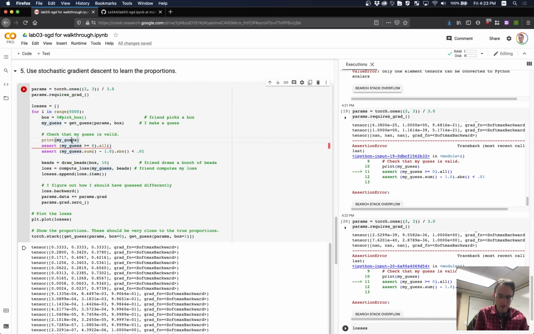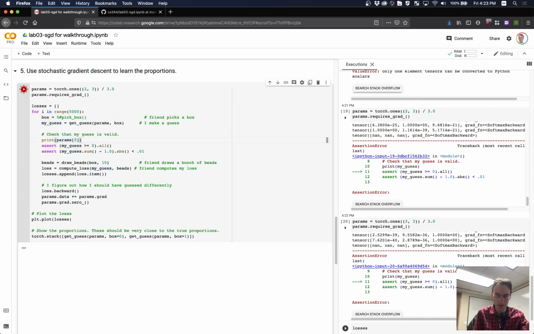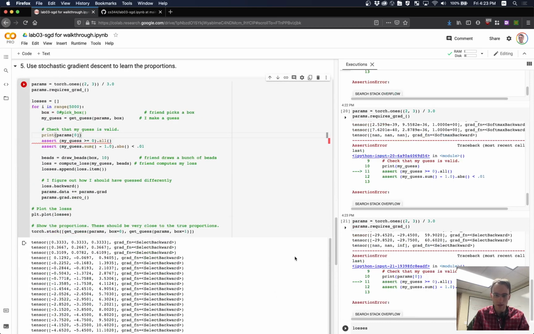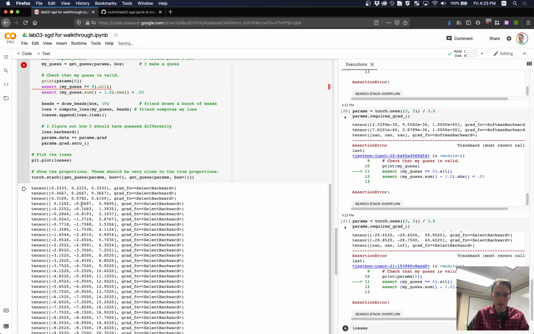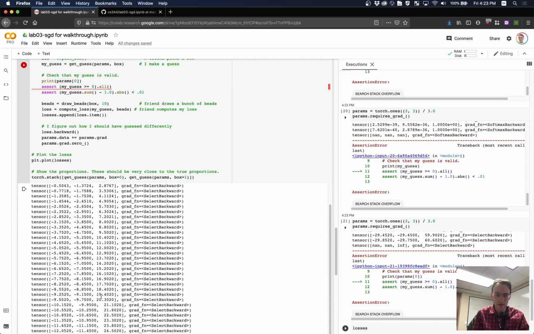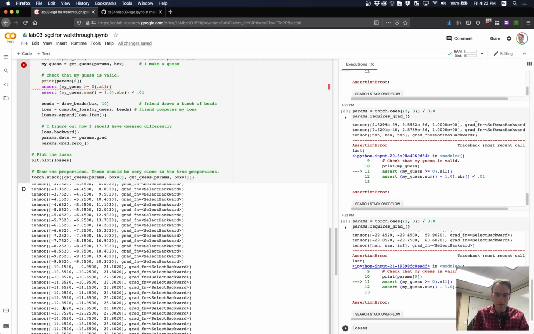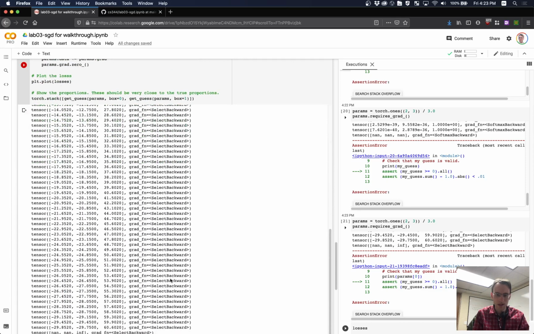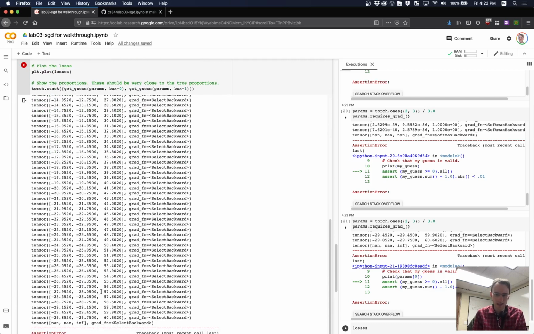Let's look at our params. Params 0 was the one that corresponded to box 0. Let's look at that. So what happened here? They started off being reasonable, and now look at this number, the yellow one got really big, and these numbers got really small. This is on log scale.